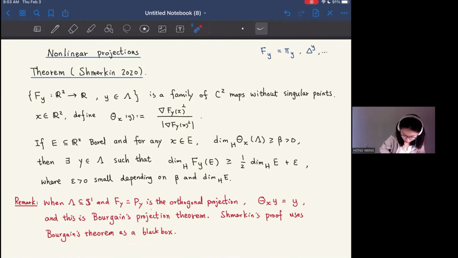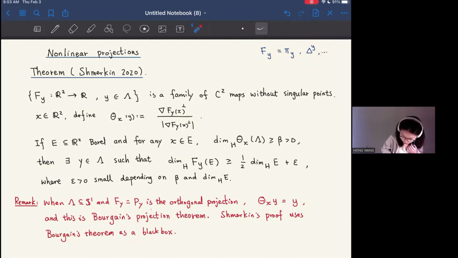So let F_y be a family of C^2 maps without singular points. We should really think of F_y as the nonlinear projections we have studied, that is, the radial projection or the distance map.